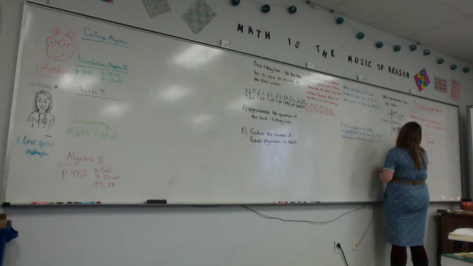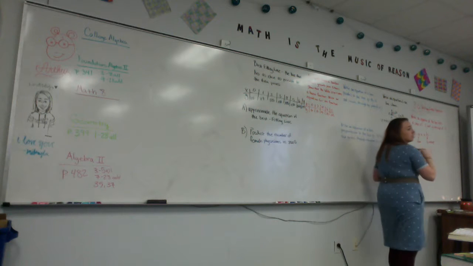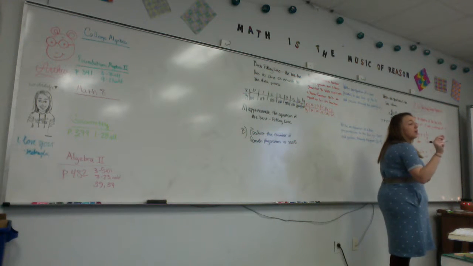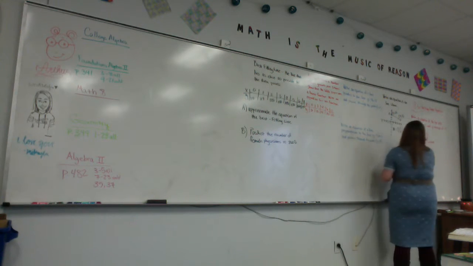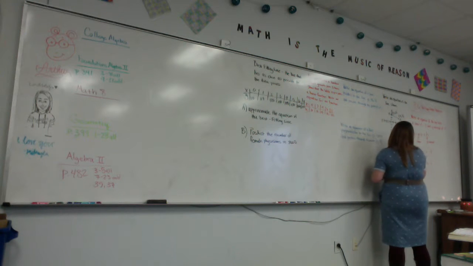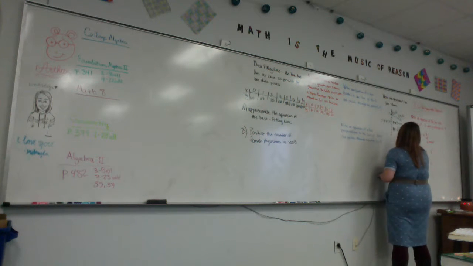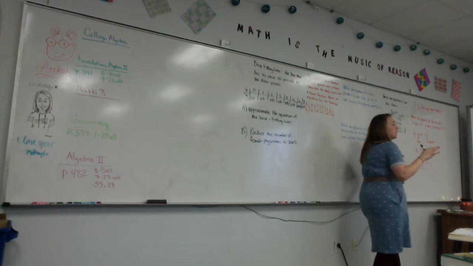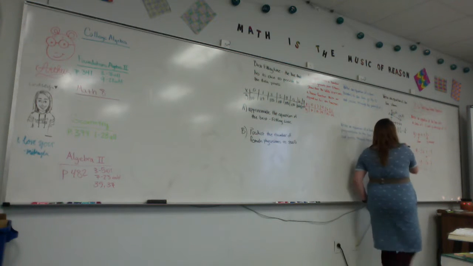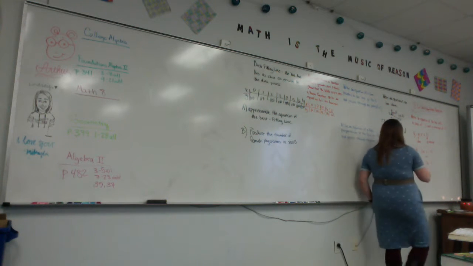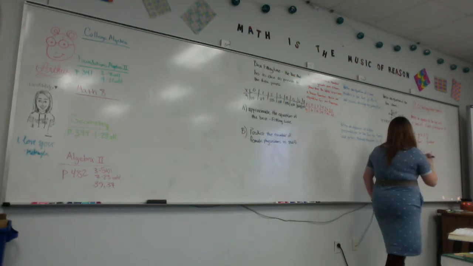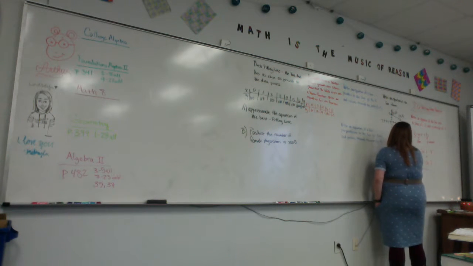Yes. Change in y over change in x. What's 3 minus 2? Guys, stop and focus. 1. And what is 4 minus 0? 4. So now I can start writing my equation, yes? y equals 1/4 times x.